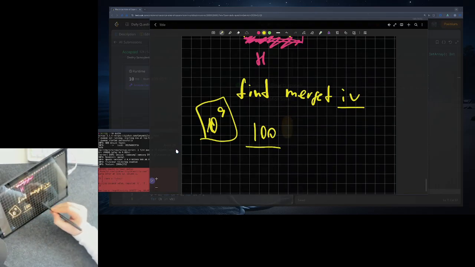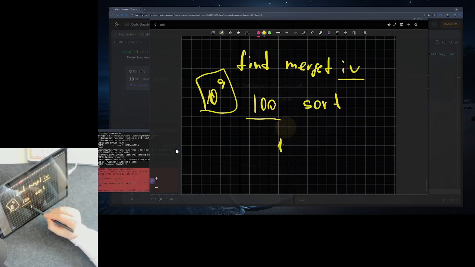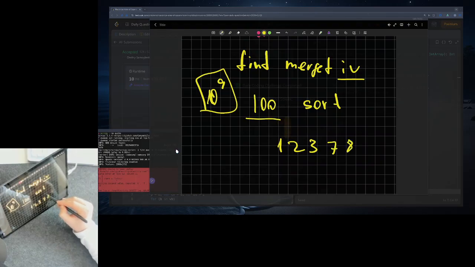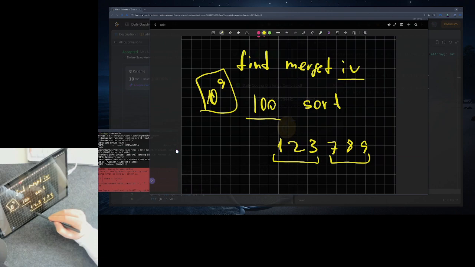And one way is to sort. It would be like this: 1, 2, 3, 7, 8, 9, and these are consecutive intervals, and we care about them.